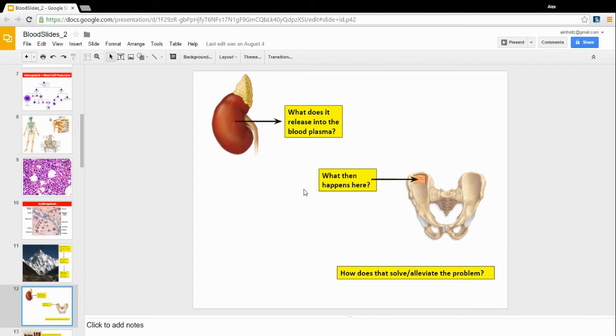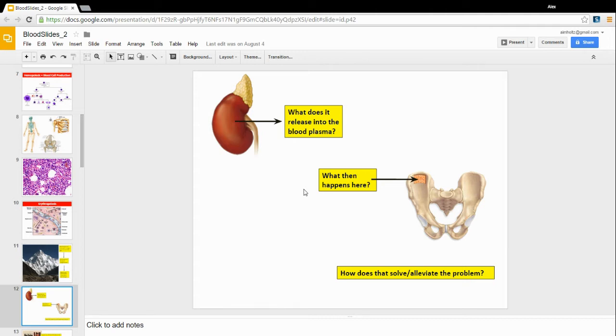Erythropoietin travels in the blood to the red bone marrow and stimulates erythropoiesis, which in this case is going to cause you to make more red blood cells. And by making more red blood cells, you're better at carrying oxygen, which can offset the initial problem, which is not having as great of levels in the blood.